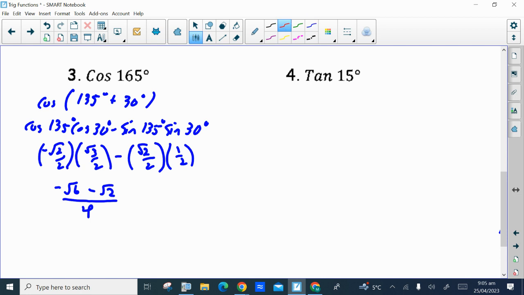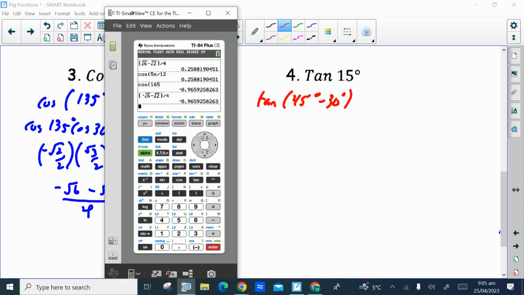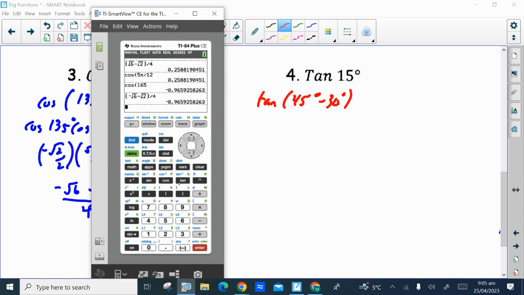Number 4 wants us to give the exact value of the tan of 15 degrees. So that could be done by going the tan of 45 degrees minus 30 degrees. 45 minus 30 gives us 15. We can check on our calculator what decimal we should get at the end. Should be that decimal there.